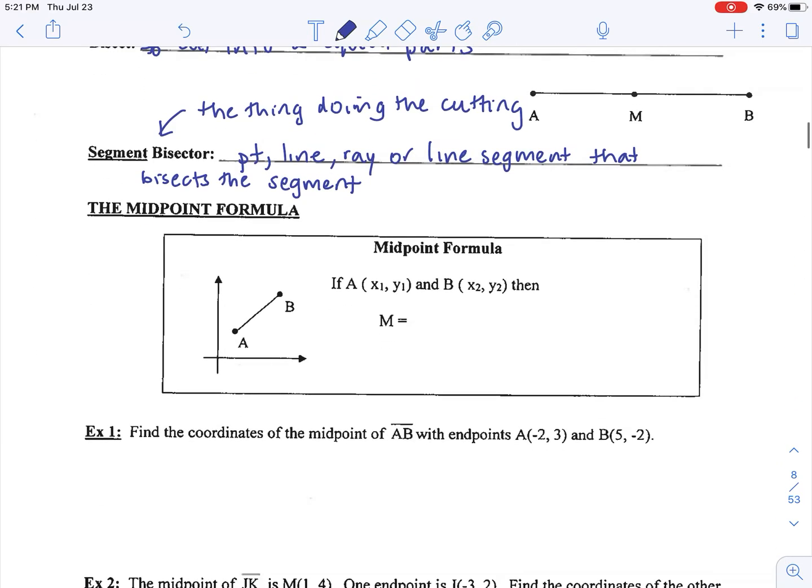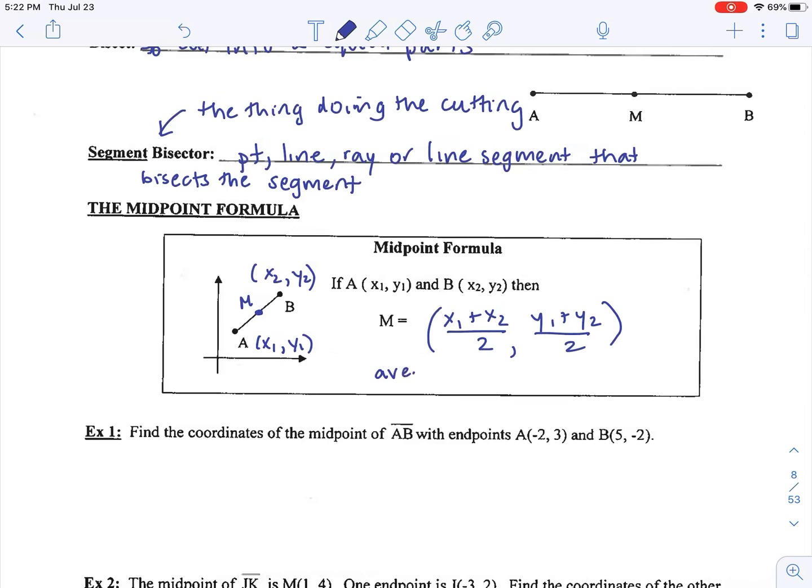So the midpoint formula should be review for you, but if you're given two coordinate points, A, where A has the coordinates x1, y1, and B, where B has the coordinates x2, y2, to calculate the point that's in the middle between A and B, we'd calculate the midpoint using the formula that you discovered: x1 plus x2 over 2, y1 plus y2 over 2.